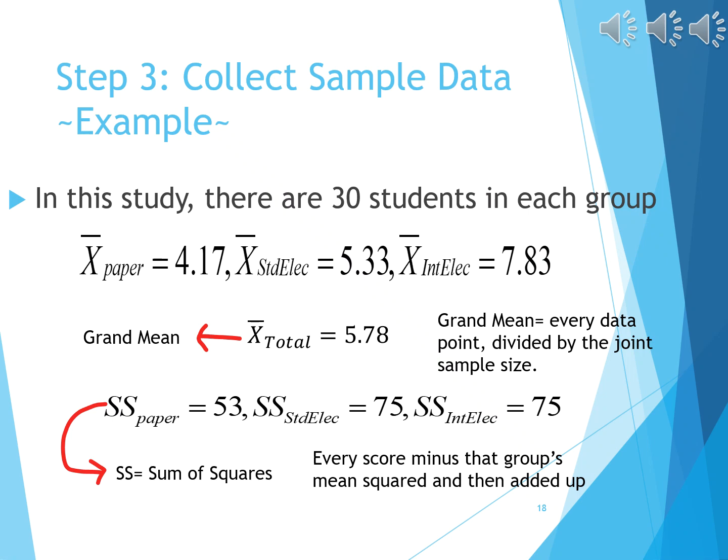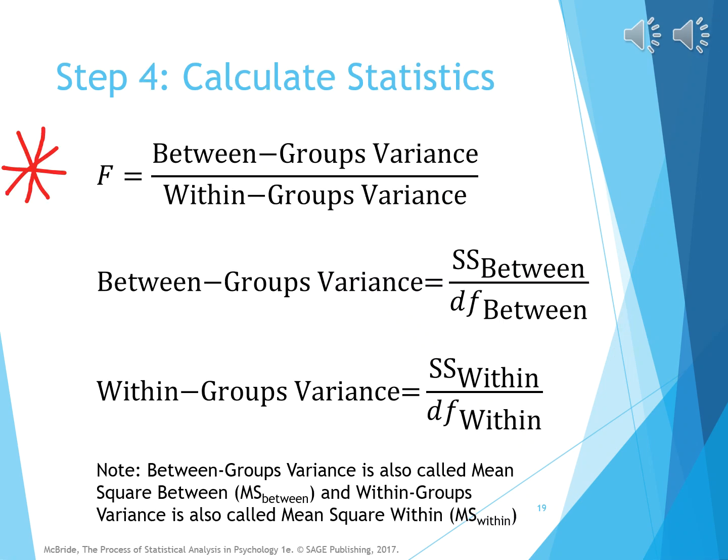So in most cases, you'll want to actually add up each of the individual data points for all of the samples and then divide by the total sample size. And let's imagine we also calculated the sums of squares for each of these three groups to be 53, 75, and 75. So in step 4, we've got to calculate our statistics.